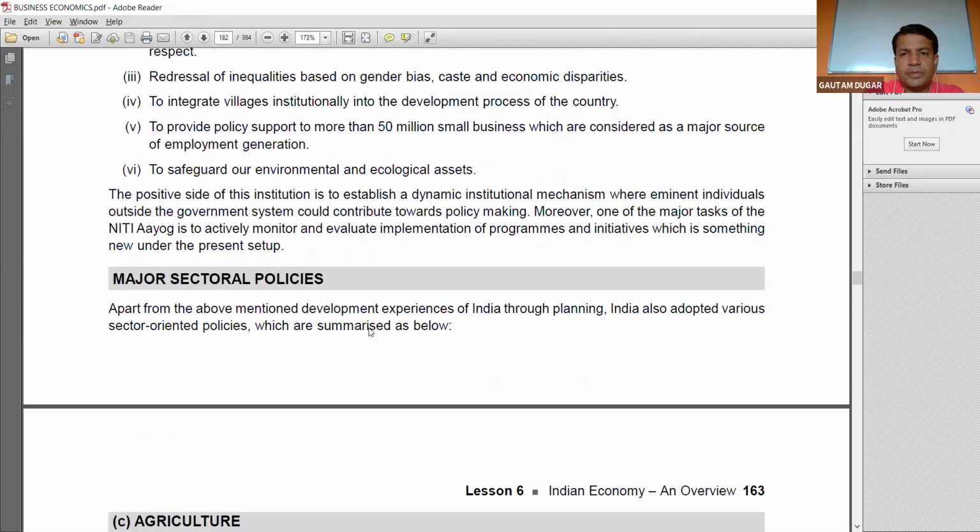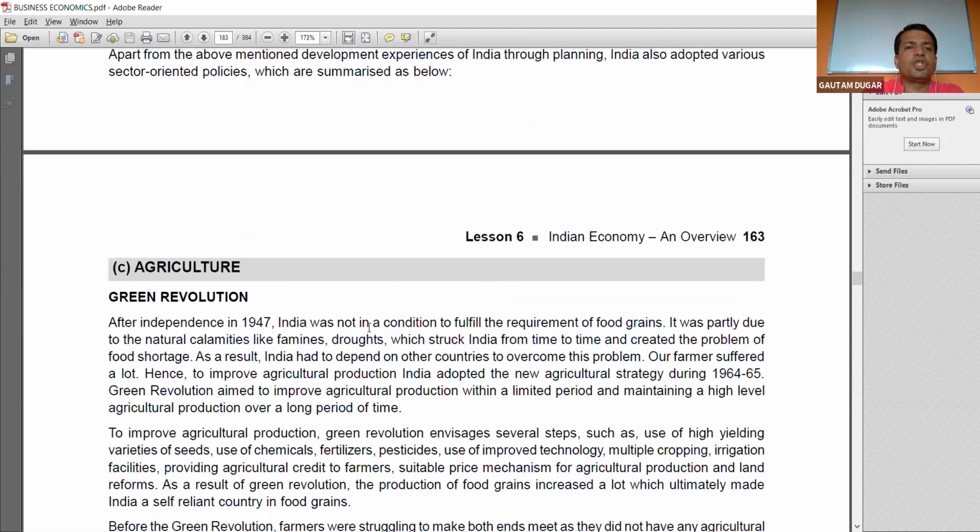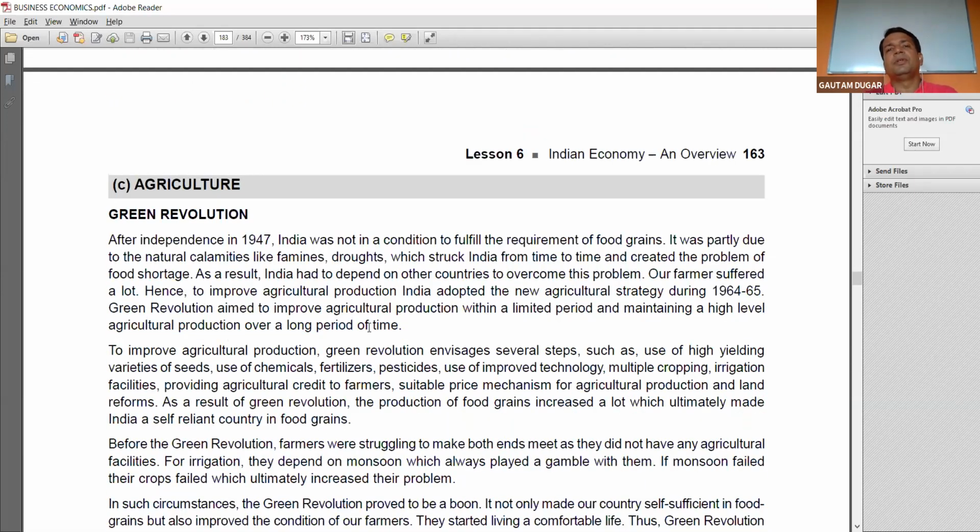Next are the sectoral policies in this portion. You must know about the Green Revolution and what led to it. Actually, after independence, we found that in several years, in spite of being an agricultural economy, we had to import food grains from outside.